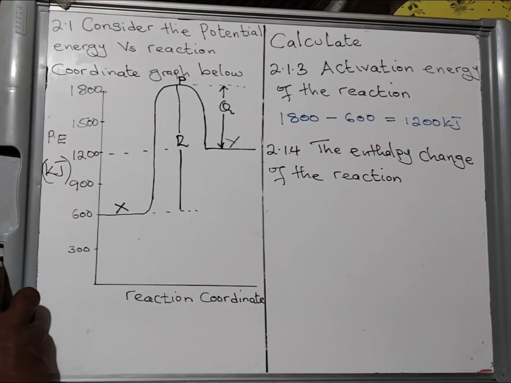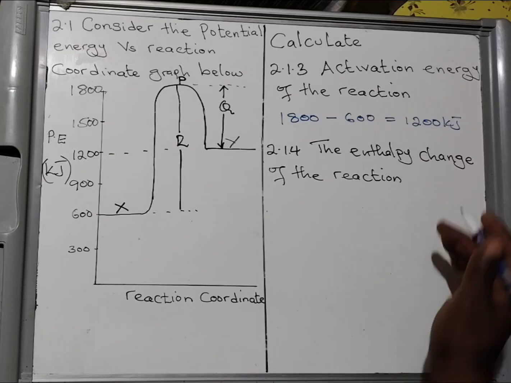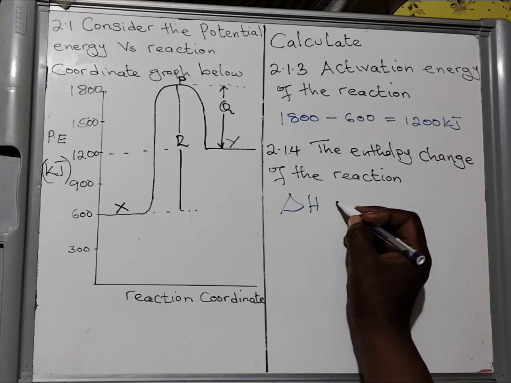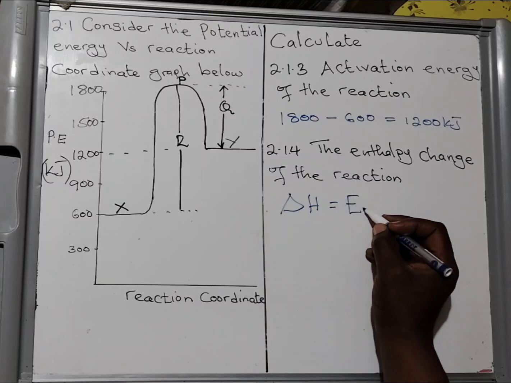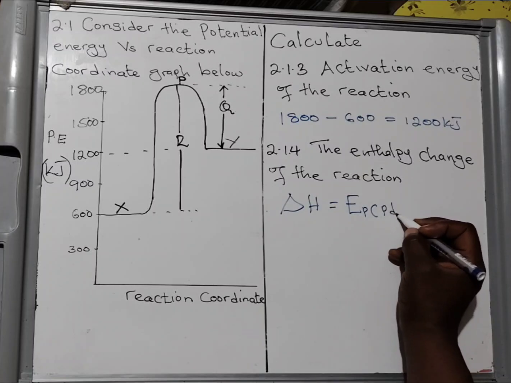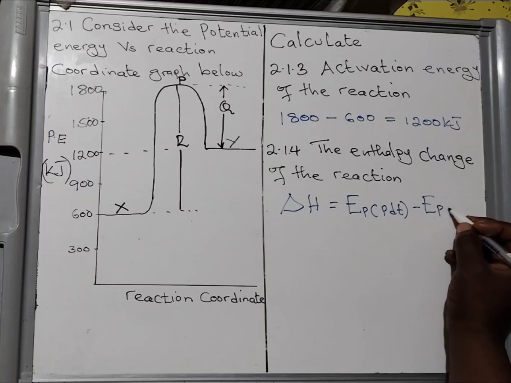Then comes this question. It says calculate the enthalpy change of the reaction. How do we do this? Here you have to know that enthalpy change is given by the potential energy of the product minus the potential energy of the reactant.